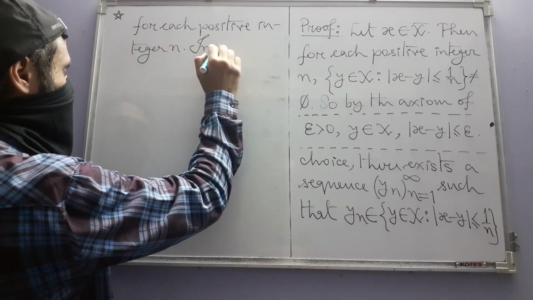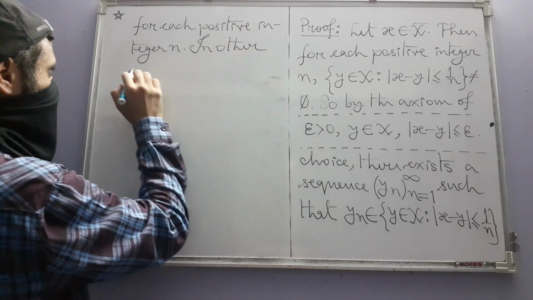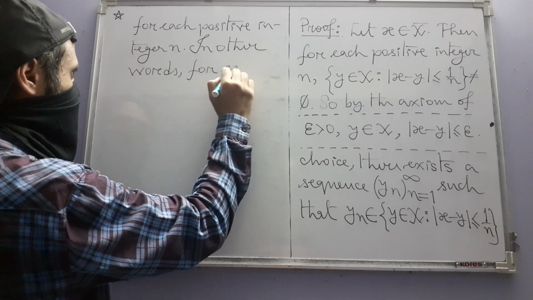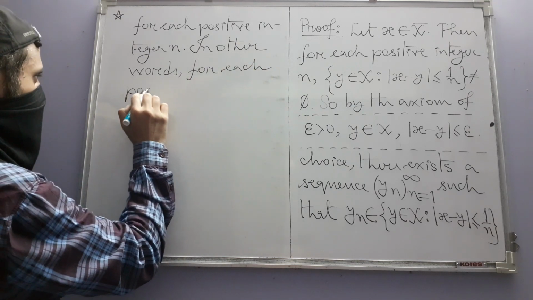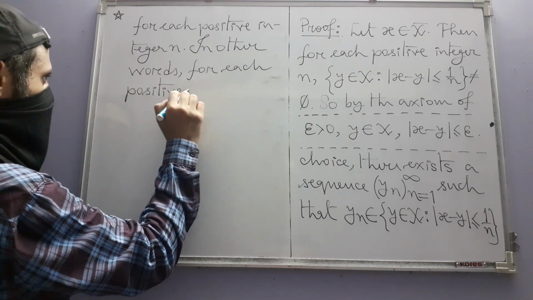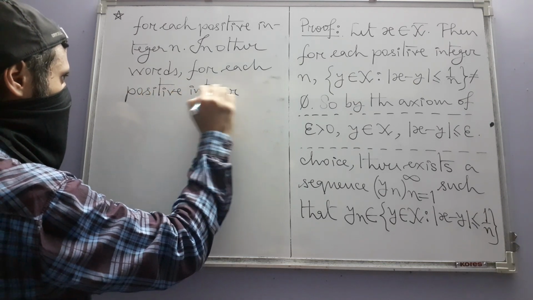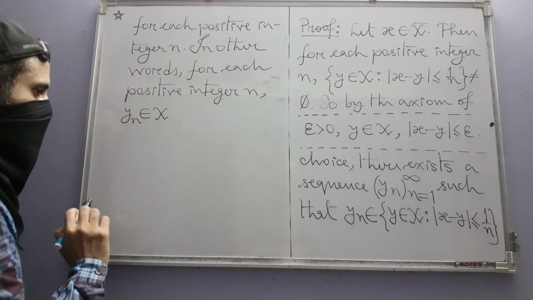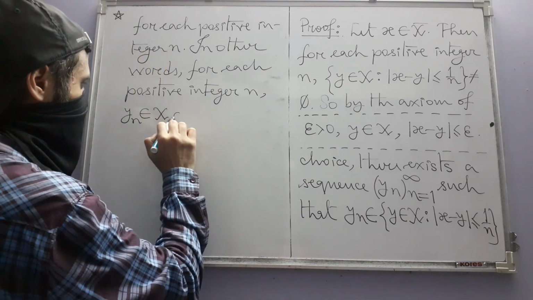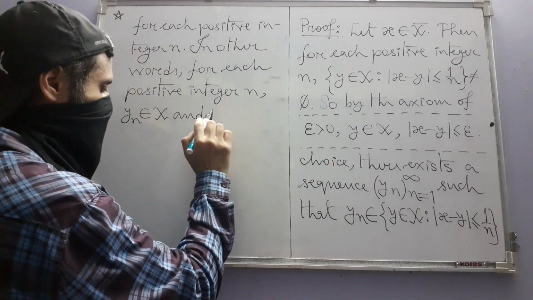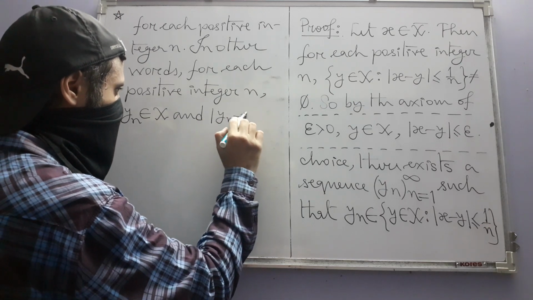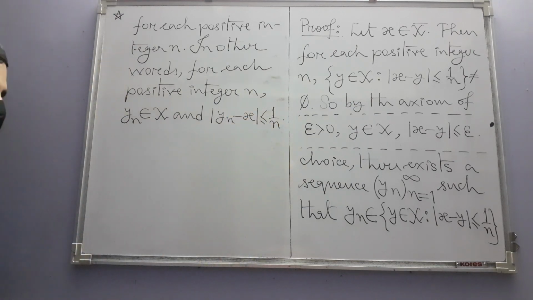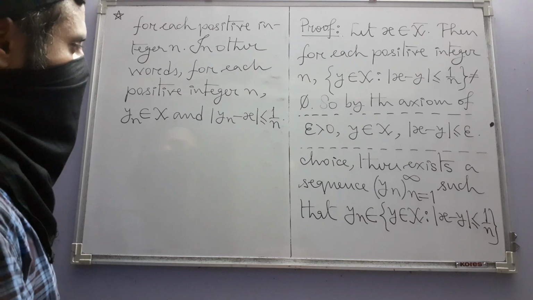In other words, for each positive integer n, first of all y_n belongs to X. Okay, and the second thing is that the distance between y_n and x is less than or equal to 1 over n.